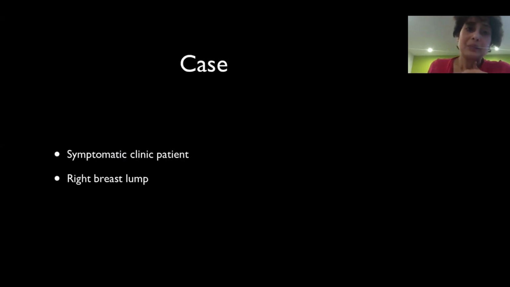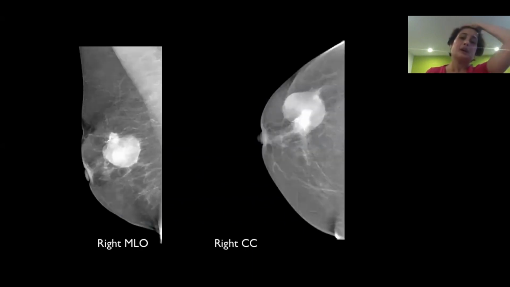Okay, the next case, this is a symptomatic clinic patient who had come with a right-sided breast lump. I'm only showing you the right MLO and CC views. So this is a solitary appearing lesion in the central right breast, as seen on MLO view, and this lies in the outer half on CC view.